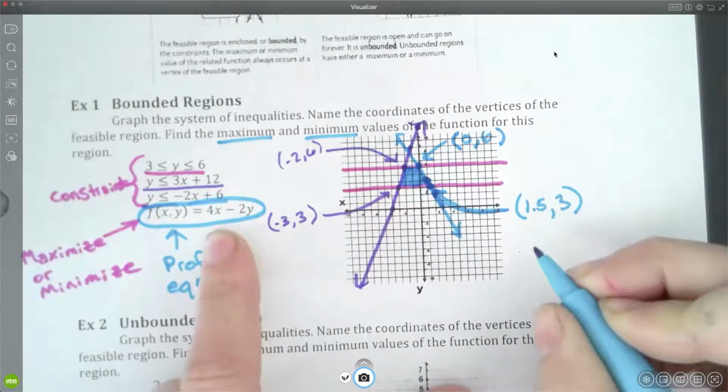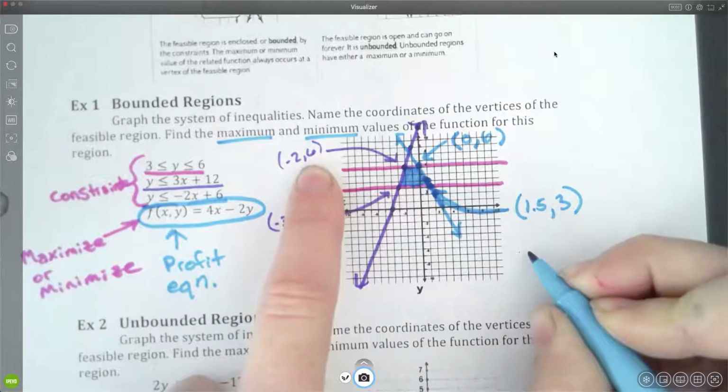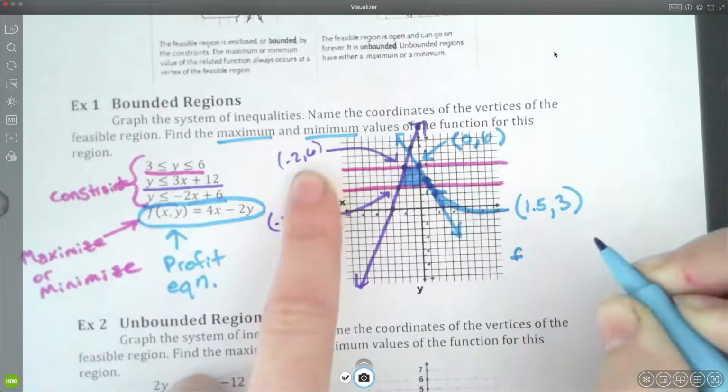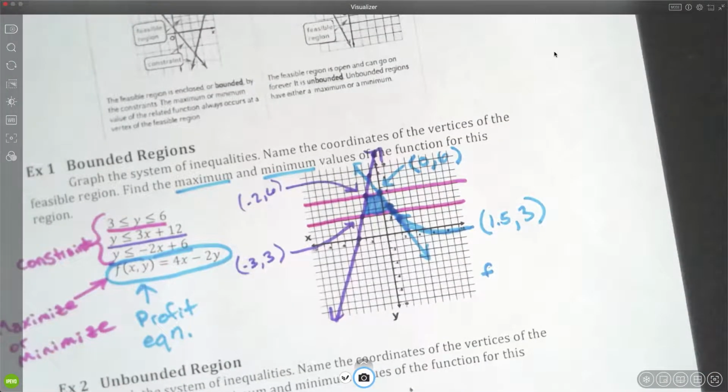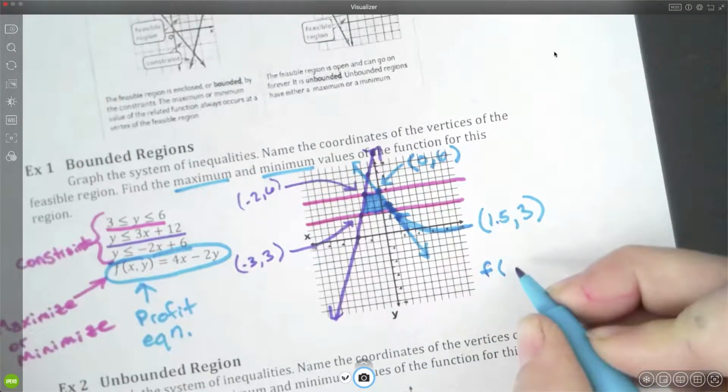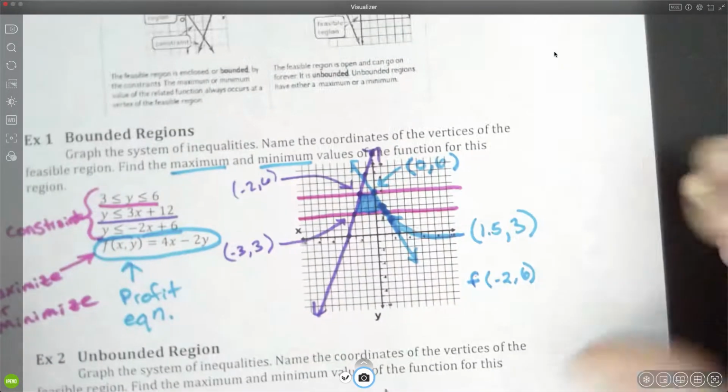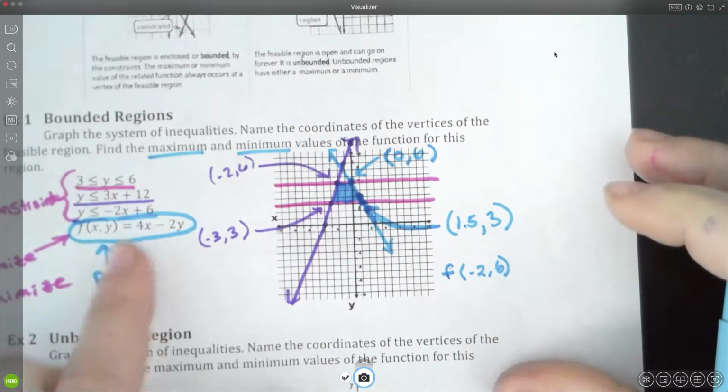So, if I do -2, 6, what that will look like, it kind of looks funny. Normally we just call it like f of x, right? But since I have 2 variables, x and y, it's f of x, y. Don't let that confuse you, okay? So let's plug -2, 6 in first. F of -2, 6. I'm going to plug -2 in for x and 6 in for y.